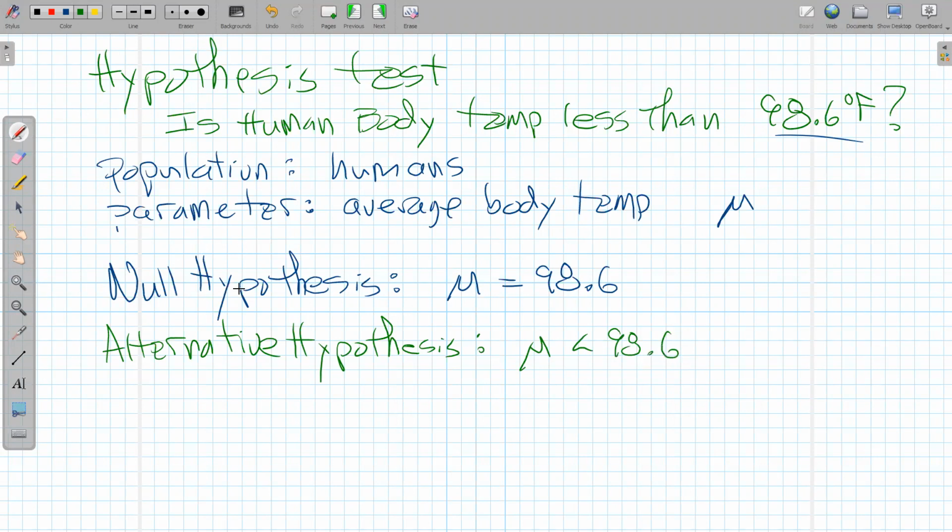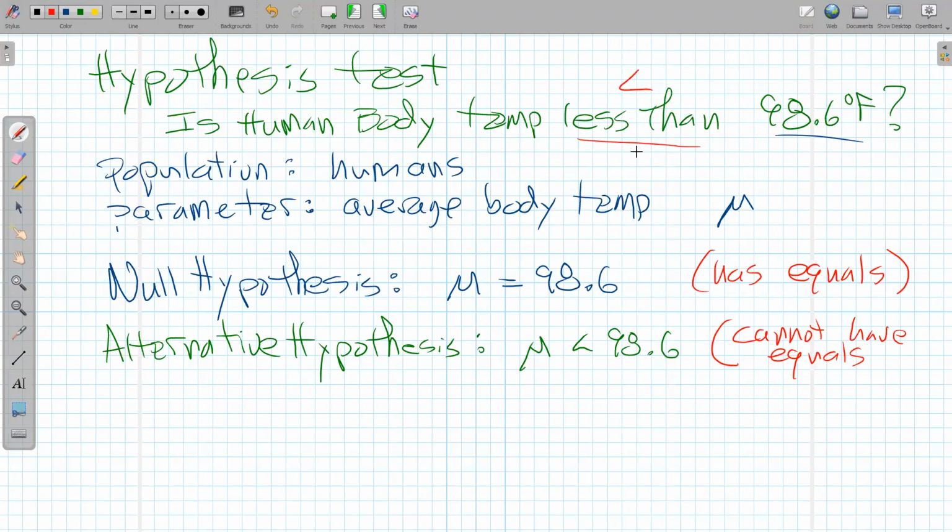Some important things about identifying which is which, based on the question asked: a null hypothesis has an equals in it. And the alternative hypothesis cannot have an equals. So as soon as I ask my question with the less than, immediately that has to be the alternative because it doesn't have an equals in it.